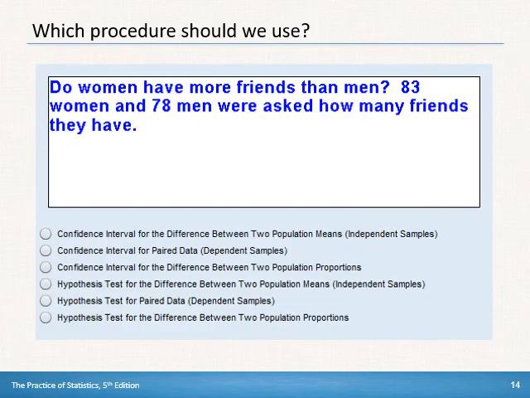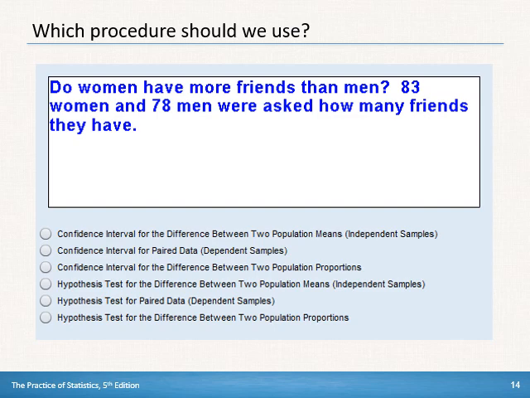All right, so what the next couple of slides are doing is giving us a situation and asking us a question that we want to answer, and then you have to decide which of the procedures we're using in this case.